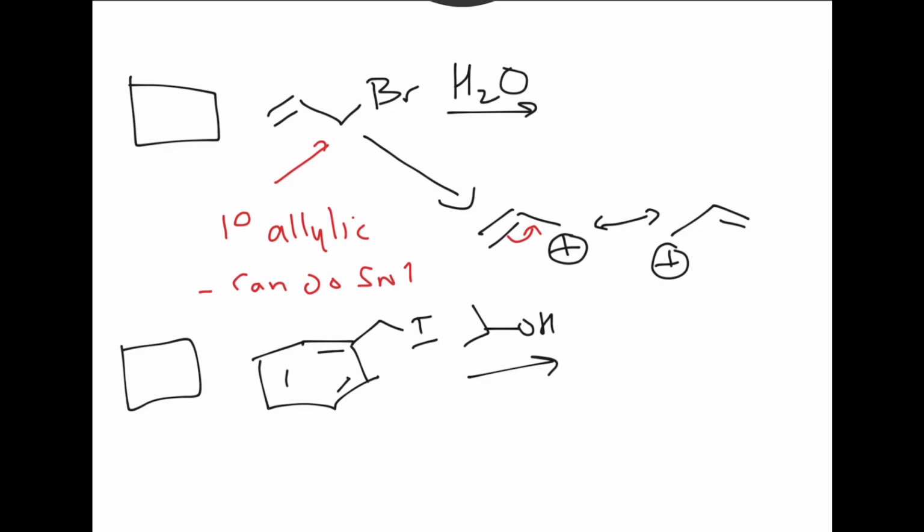So instead of that carbon, the carbon that had the halide, we'll make it blue, instead of that carbon being 100% positive all the time, it's able to shift that positive charge onto another carbon. So that positive charge bounces back and forth, and so it's spread out across two carbons. So this is similar to a secondary cation, right?